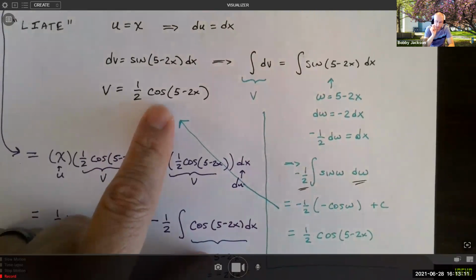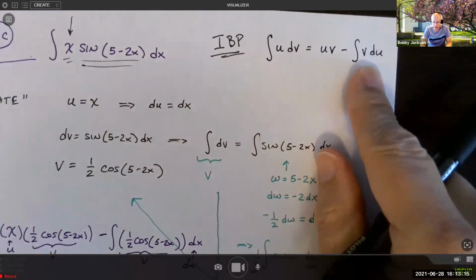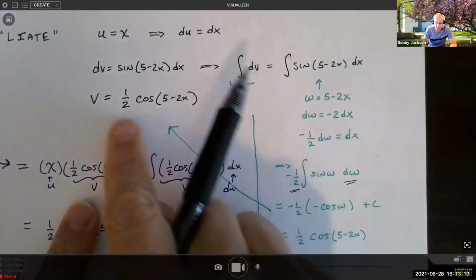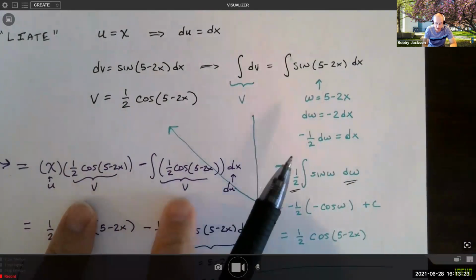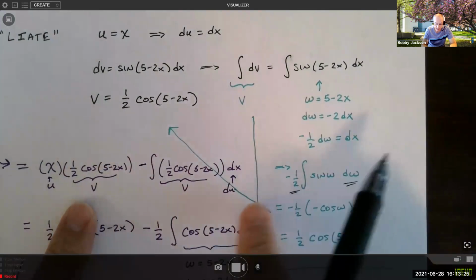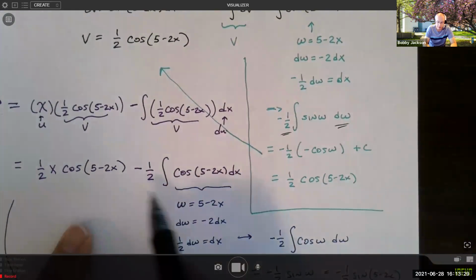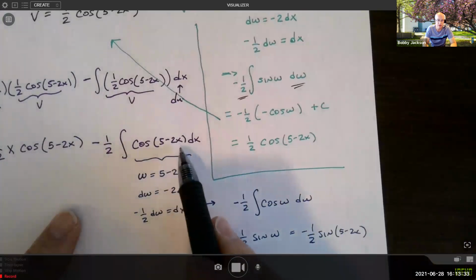Okay, so now we plug into the integration by parts formula, uv minus integral v du. So u was x, v was this stuff we found, minus the integral of v times du, which is just dx. I clean this up a little bit now. I bring that 1/2 out, and now we're looking at the integral of cosine of 5 minus 2x dx.